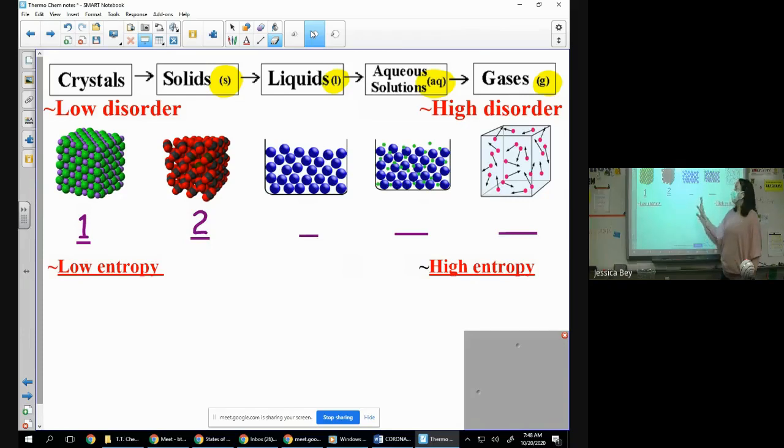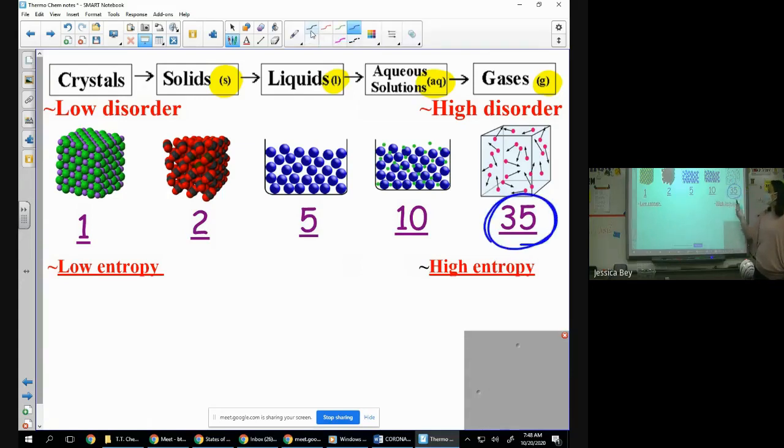Then a liquid would have a disorder of like 5, and an aqueous solution would have a disorder of like 10. But then a gas would be multiple times larger in entropy. Gases are extremely disordered. Gases pretty much always win when you're talking about increasing or decreasing entropy.